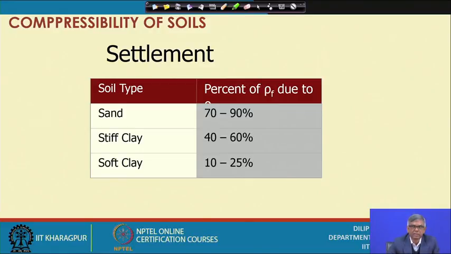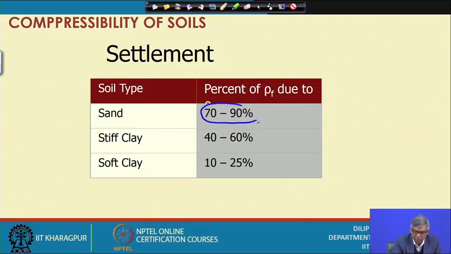We know that for sand the majority contribution is from elastic settlement, and you can see that this is due to elastic settlement.